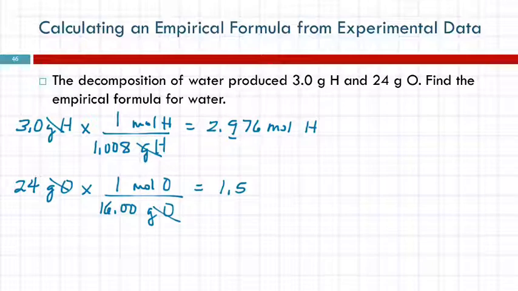And that happened to be just an even number. It didn't have any extra digits after it. Moles of oxygen. It's supposed to have 2 sig figs anyway, so it's okay. So, in this sample of water, there were 2.976 moles of hydrogen for every 1.5 moles of oxygen.